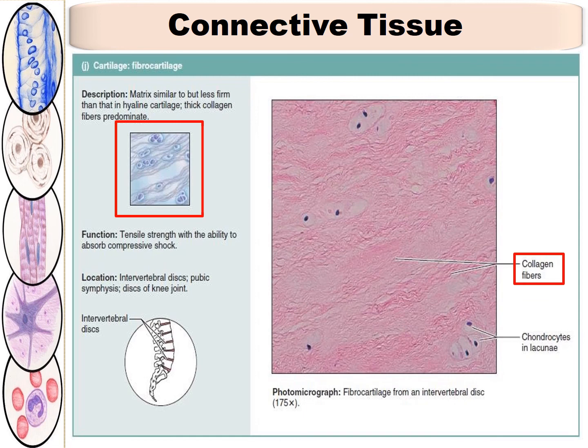It provides tensile strength with the ability to absorb compressive shock. It is mainly located in intervertebral discs, pubic symphysis, and discs of the knee joint. Here in this photomicrograph, you can see the fibrocartilage from an intervertebral disc.